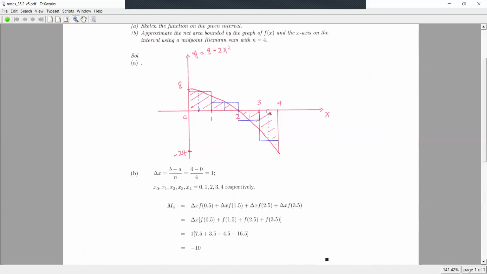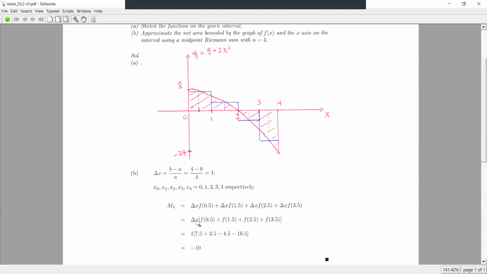Also pick the midpoint between 3 and 4. The function value at this midpoint is the height to build the fourth rectangle. The fourth rectangle also lies below the x-axis because the function value at this midpoint is negative. Okay, now sum up these areas.